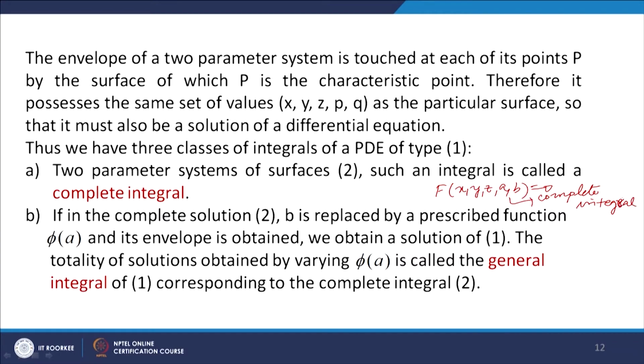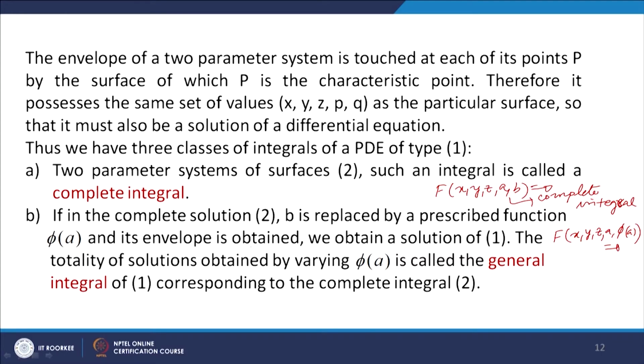If in this complete integral b is replaced by a prescribed function phi(a) and we obtain its envelope, the envelope is obtained by this equation and its derivative with respect to a equal to 0, eliminating a between the two equations.